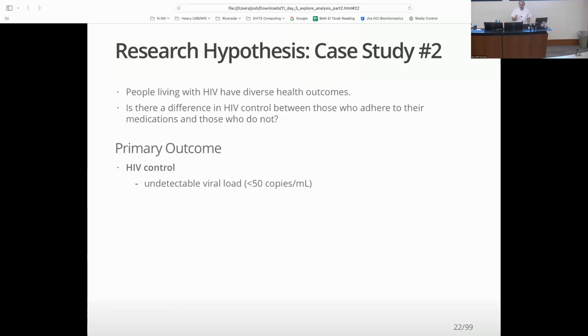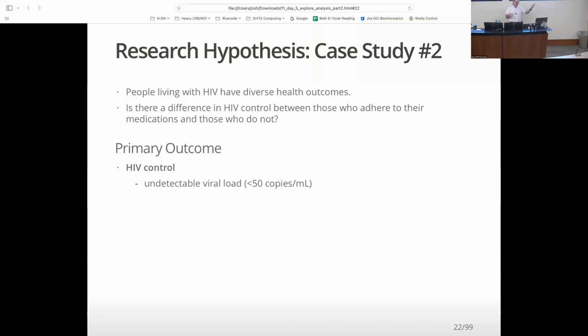Again, I'm not expecting people without HIV experience to necessarily know this, but the way that I've phrased it, coming from the paper, is undetectable viral load, which basically means less than 50 copies of viral RNA per mil of blood.